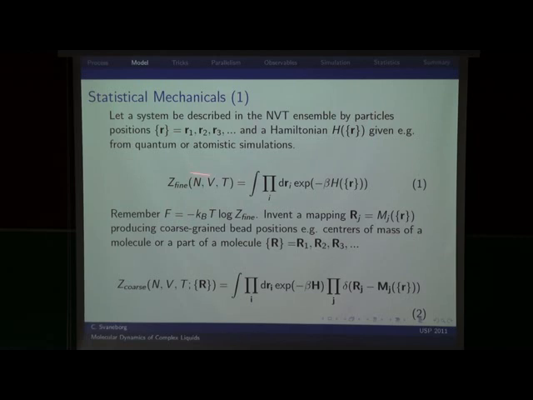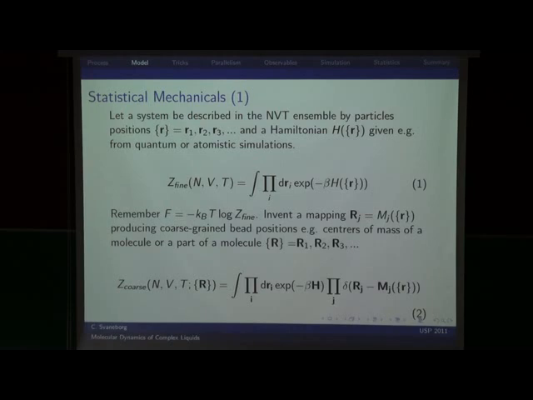What we can do is define a fine-grained or detailed partition function just by integrating the Boltzmann factor over all the coordinates. Here beta is 1 divided by kBT. And we know that we can get the free energy if we take minus kBT times the logarithm of the partition function. This is basic statistical mechanics.